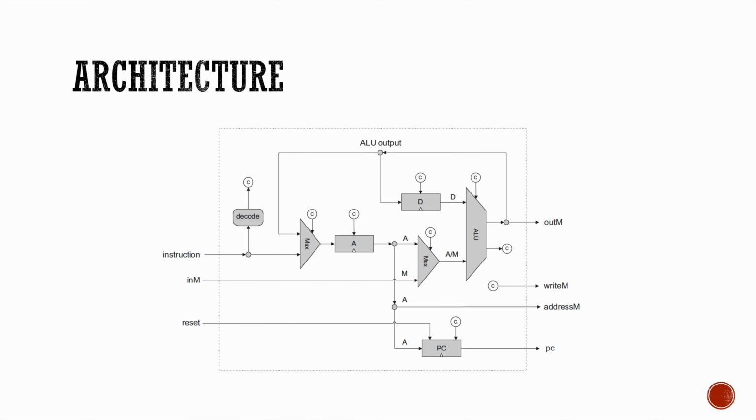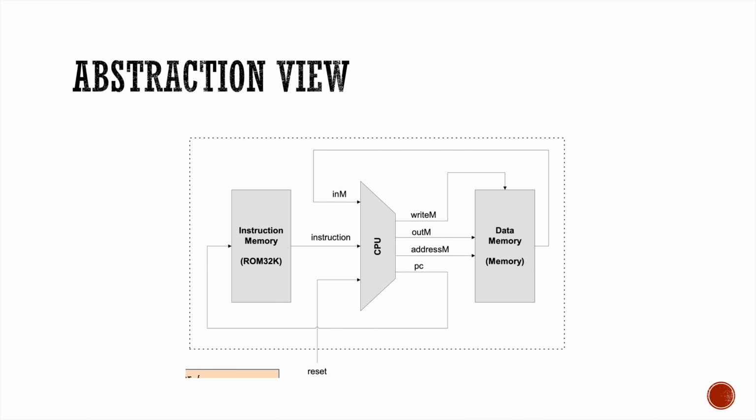Before we move on to further details, we have to look at the extracted view of the CPU. So this is the extracted view. Basically, the instruction memory and the data memory are the ones working together to produce inputs and feed them into the CPU. One input is called inM, the other one is called instruction, and we also have the reset bit right over here.